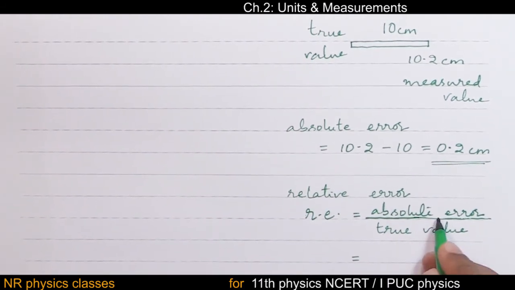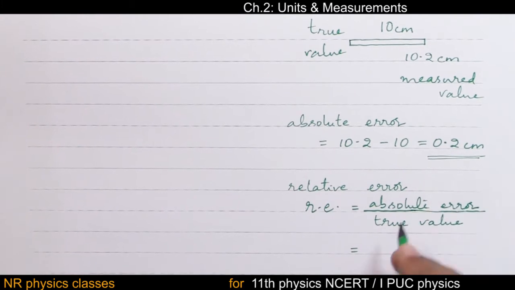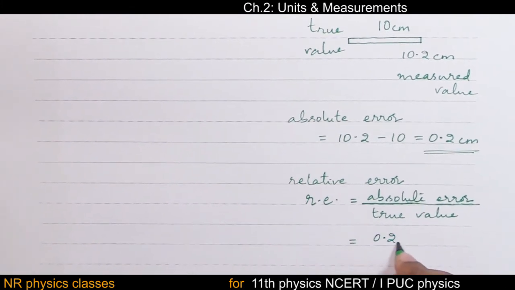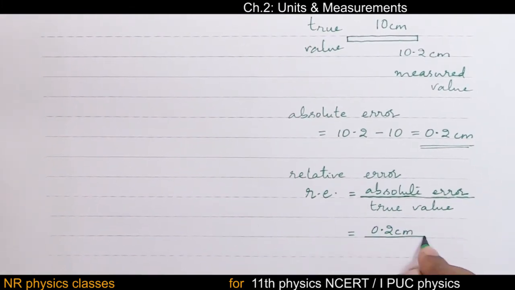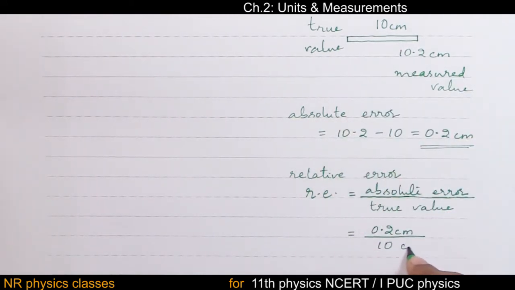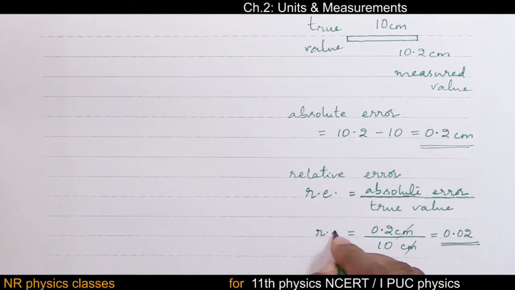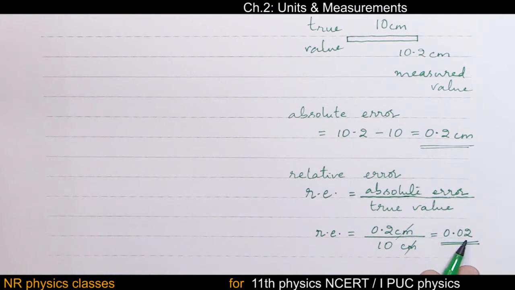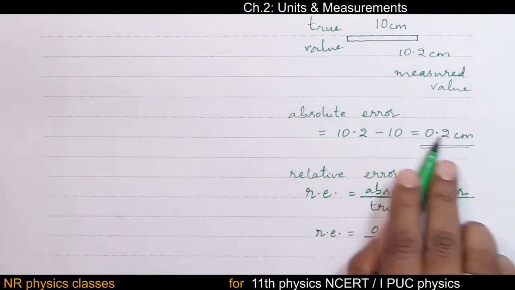So what is the absolute error in the above example? 0.2 centimeter. True value is 10 centimeter. So centimeter gets cancelled. So this is 0.02. So this 0.02 is the relative error. Observe, there is no unit for relative error, but there is unit for absolute error.